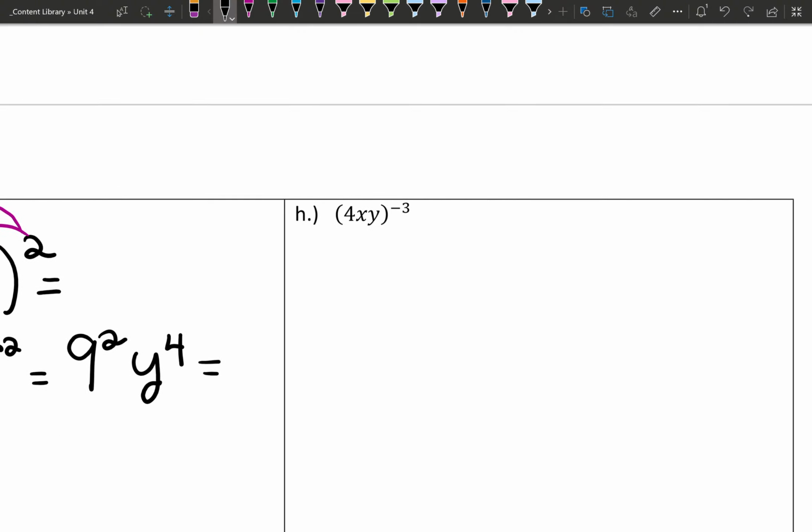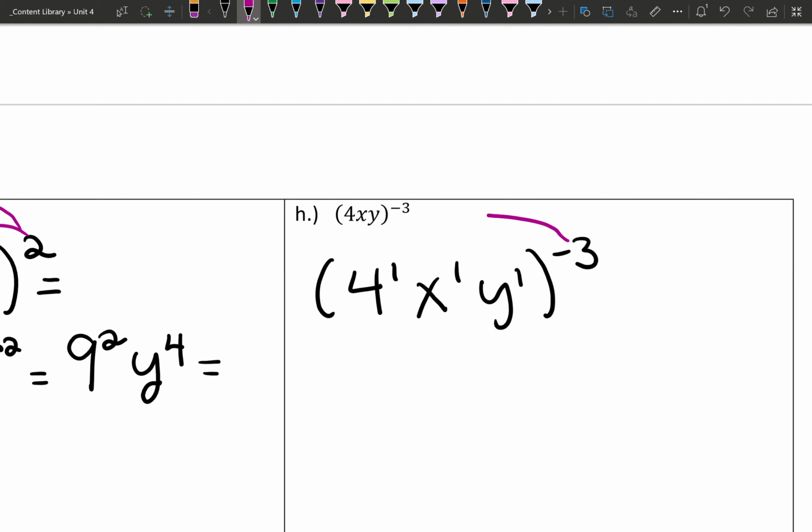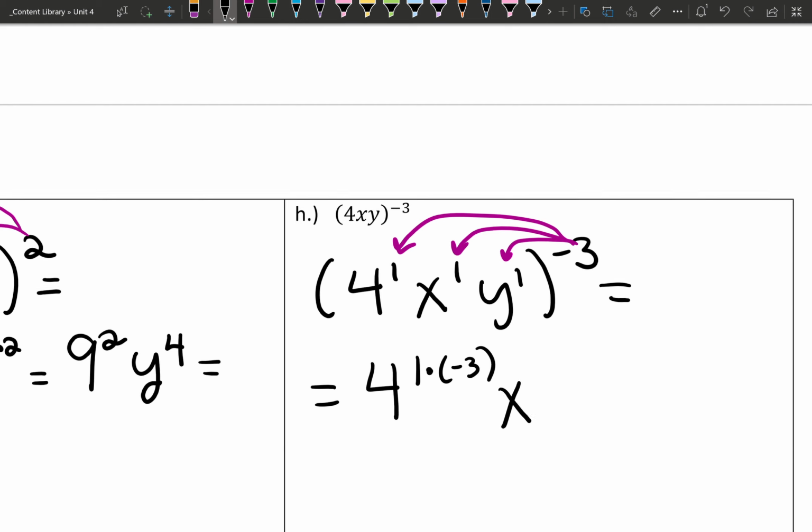Letter H. All right, I want to rewrite it again with that power of 1. Okay, let's multiply. We get 4 to the power of 1 times negative 3. X to the power of 1 times negative 3.